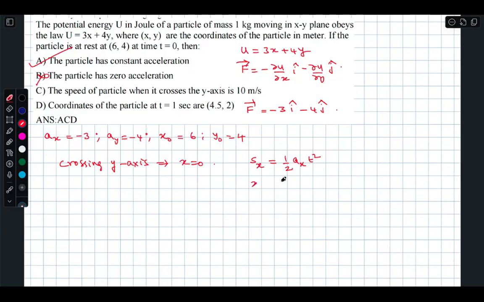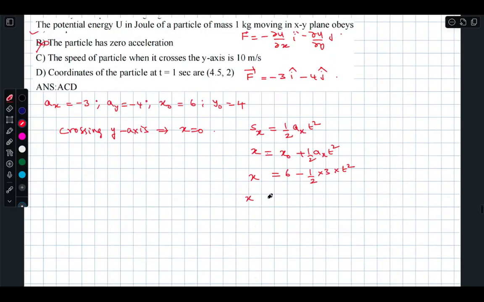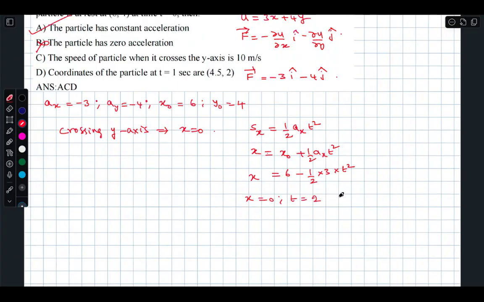So x is x naught plus half ax t square, which means x is nothing but 6 minus half 3 t square. You want x is equal to 0, t is equal to 2 seconds.